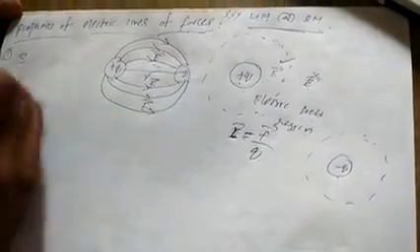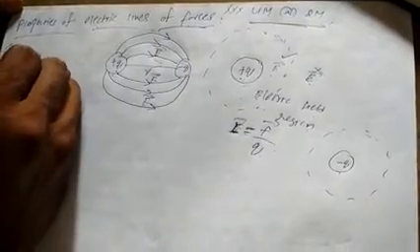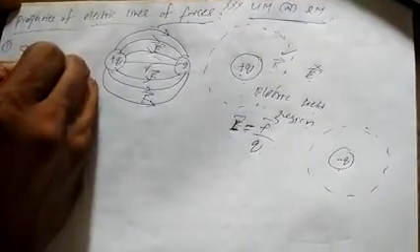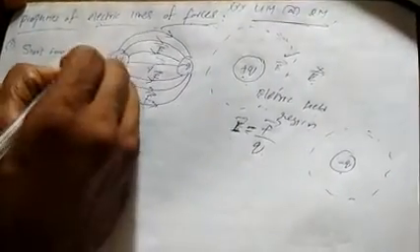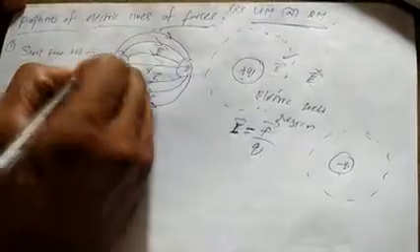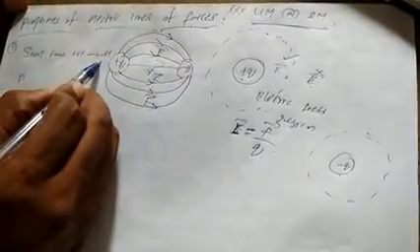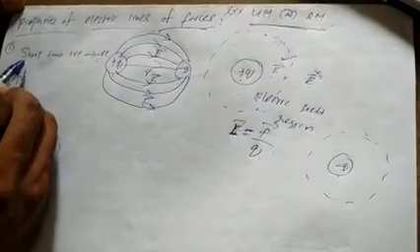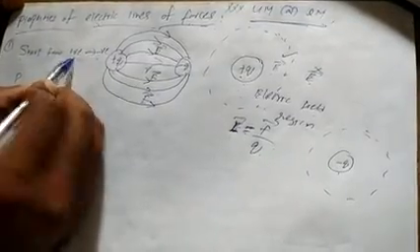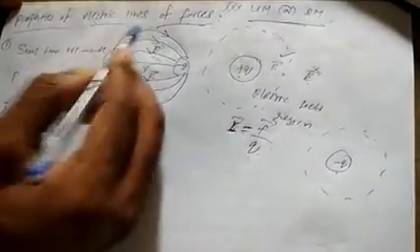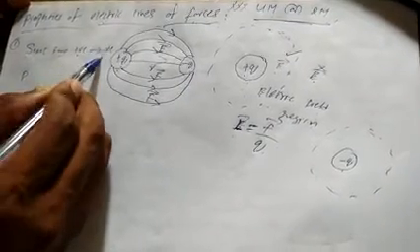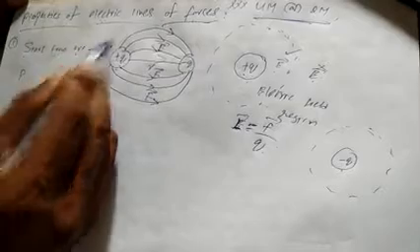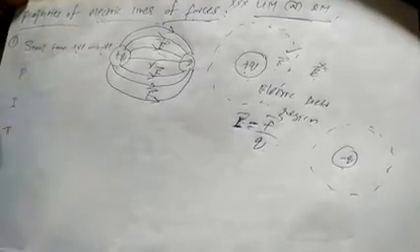So the first property is that electric lines of forces start from the positive charge and end towards the negative charge.